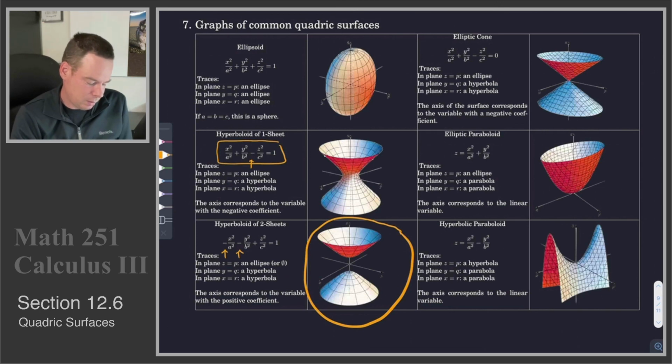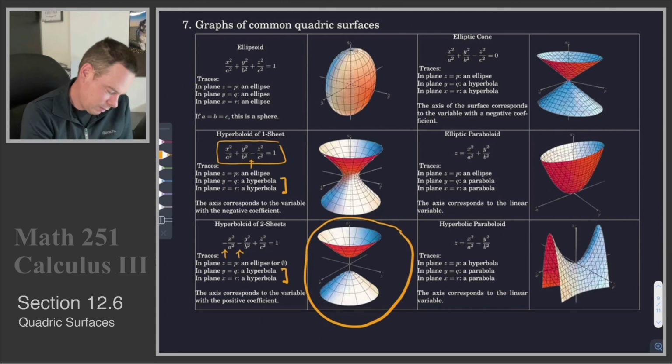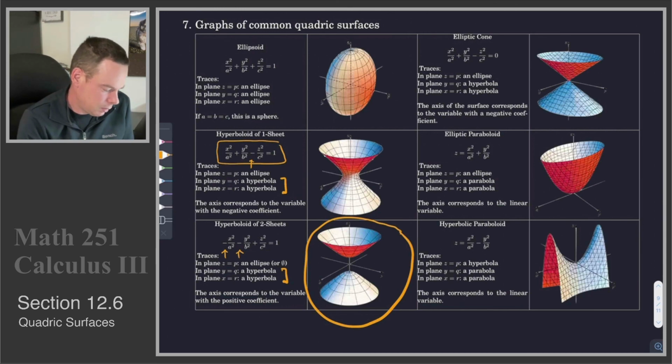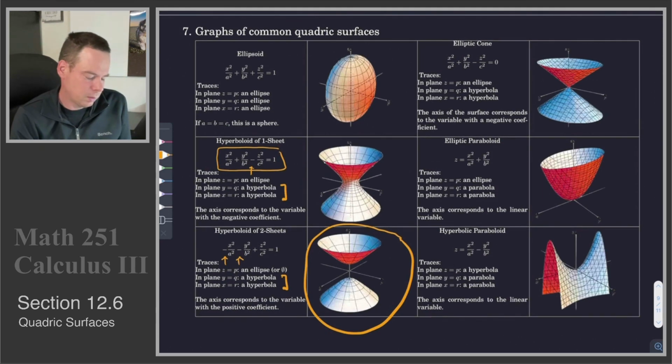They both consist of hyperbolas in two directions and ellipses or circles in the other direction. It's just that for the second one, there can be some values of k for which you don't get solutions for that circle equation. And so you've got a gap in the middle. But this is our collection of graphs of quadric surfaces.